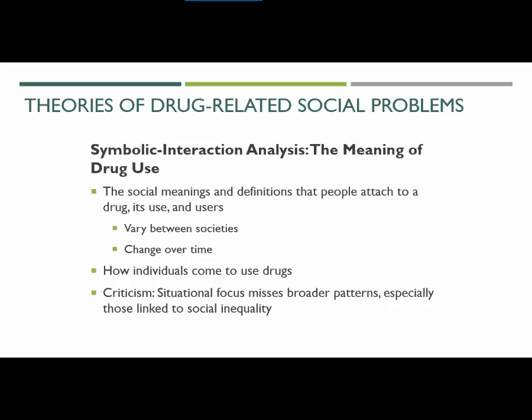How do they explain, make sense of, and justify their drug use to themselves as well as others? The consistent criticism of symbolic interactionism is always that, because it focuses on this micro level, it misses the broad patterns, especially those patterns related to inequality, the ones that conflict theorists focus on.